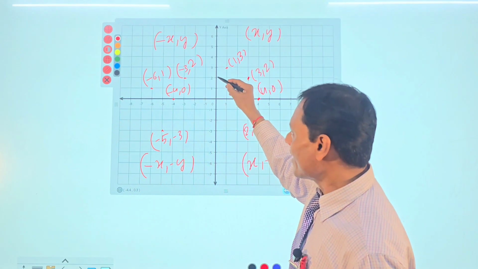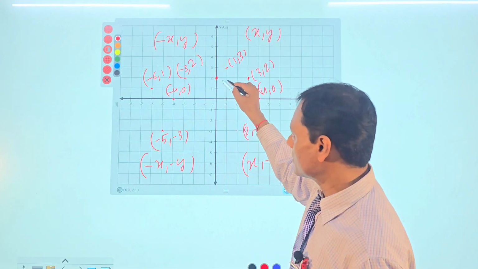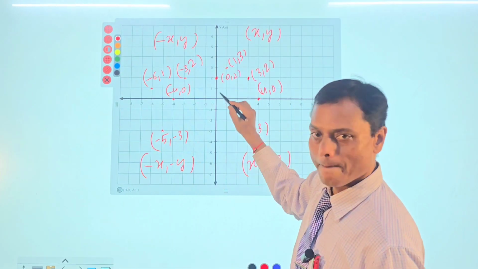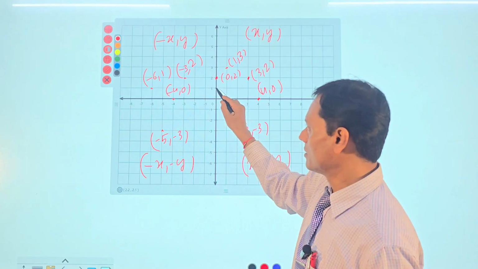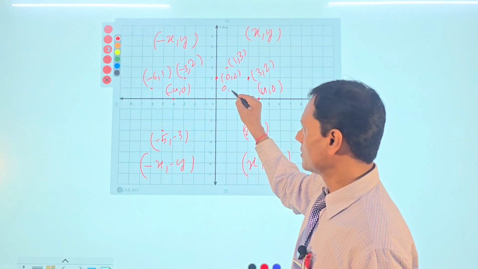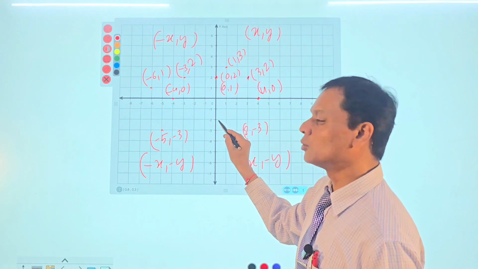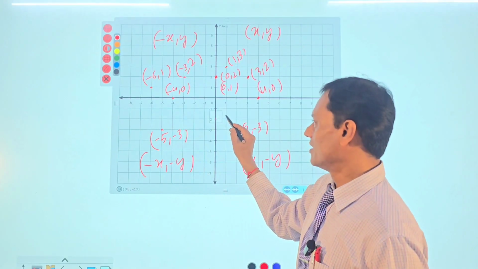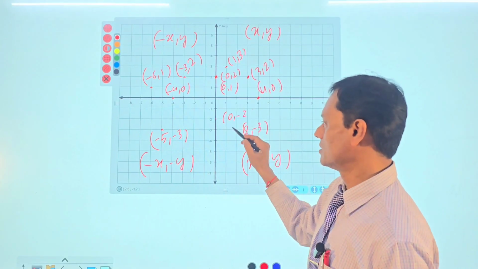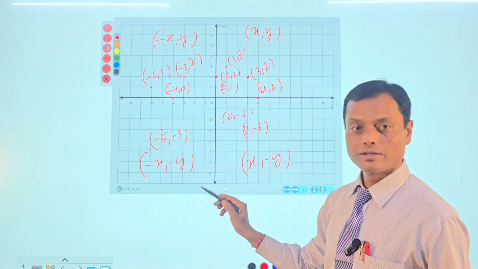But if it is on the y-axis, we can say it's 0 comma 2, 0 comma 1. What will be the coordinates of this point? That is 0 comma minus 2, 0 comma minus 5.